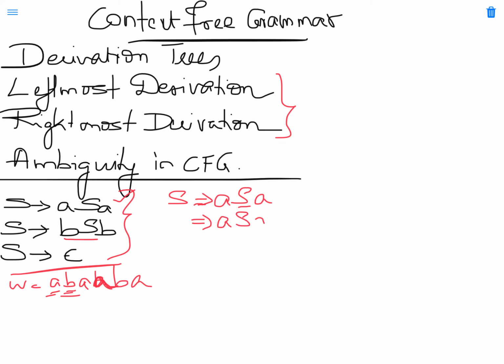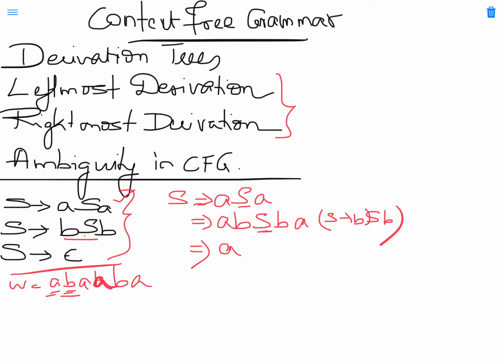So ASA becomes ABSBA by applying the second rule. You can write that rule within the bracket, S gives BSB.